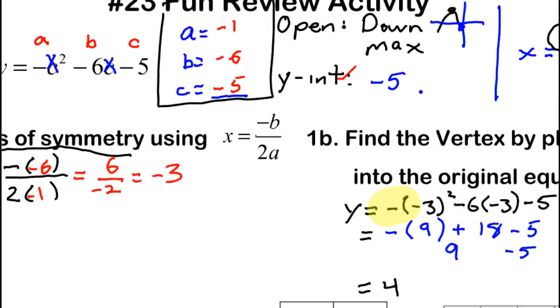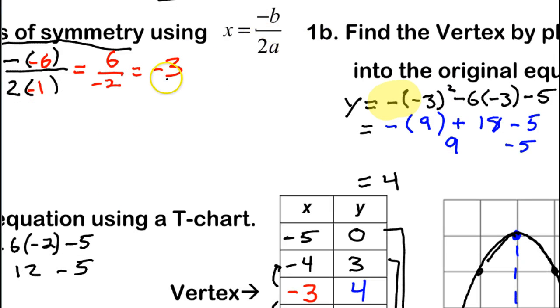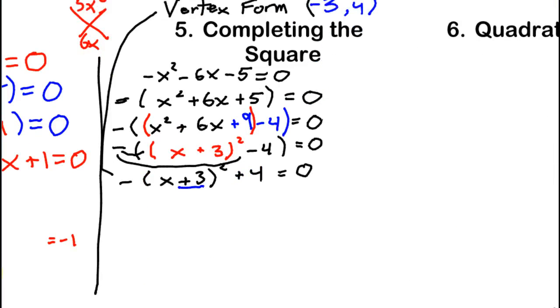We're doing one problem. If we use the negative b over 2a and get negative 3, plug it back in and get 4, of course, if we change it to vertex form, we better get the same thing. It's the same problem. It's not going to have a different vertex because I didn't graph it. Still got the same vertex.